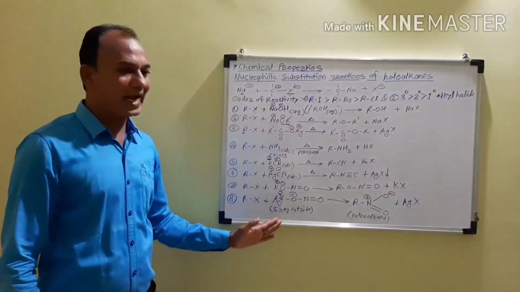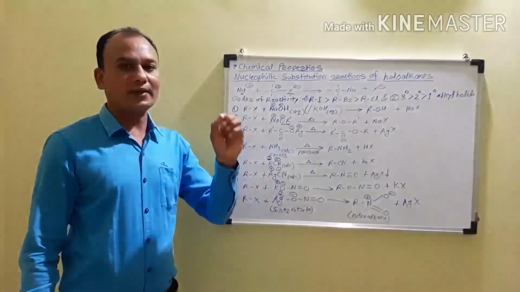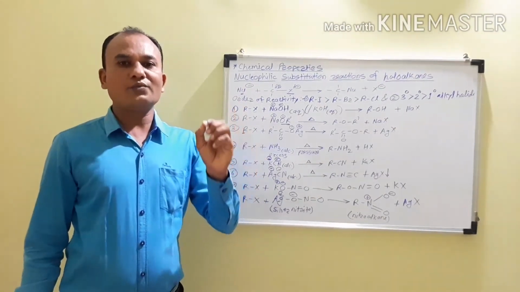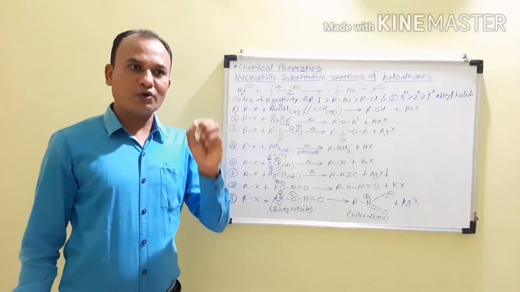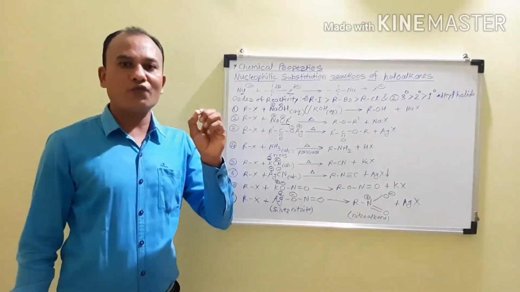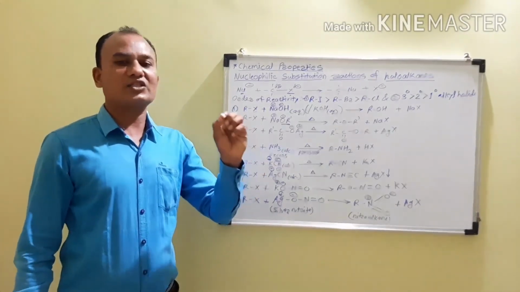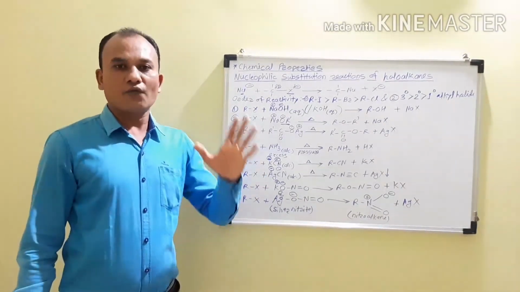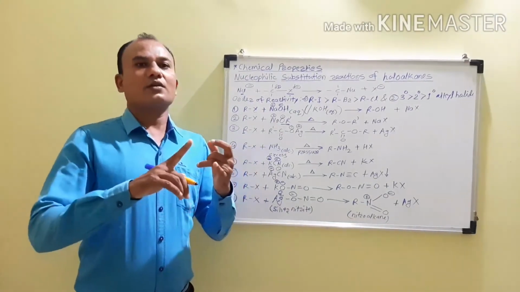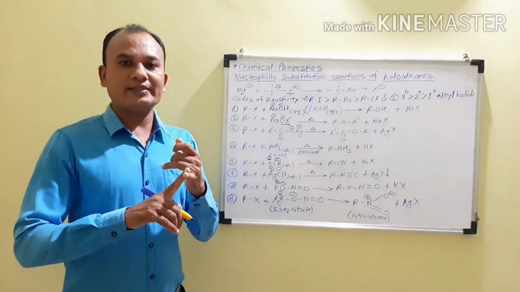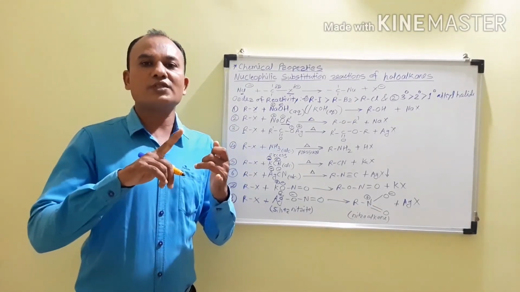In all these reactions, the negatively charged nucleophile attacks the carbon of the C-X bond of the alkyl halide, which is the positive center for the attack of the nucleophile, and from that we get the nucleophilic substitution reaction. When we are considering the nucleophilic substitution reaction, the first requirement is that there must be a substrate with a positive center.